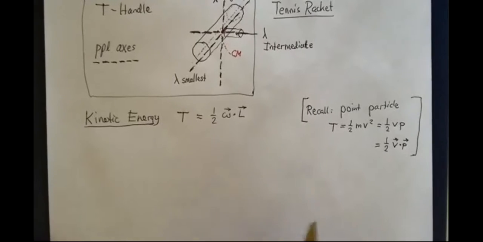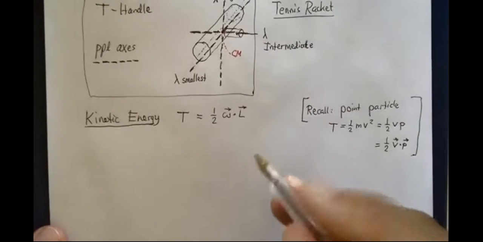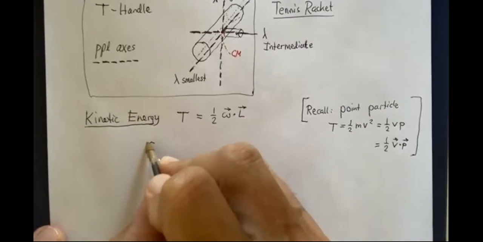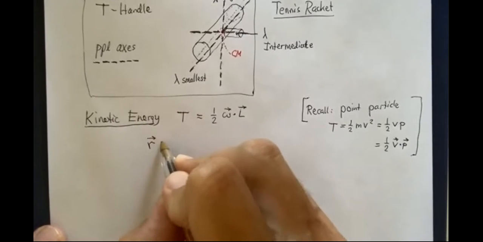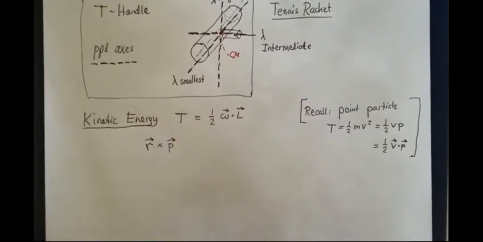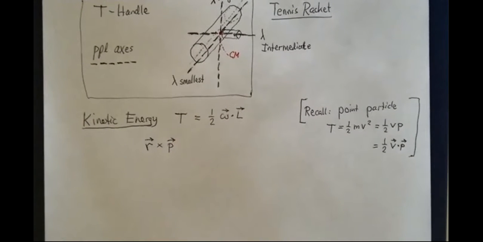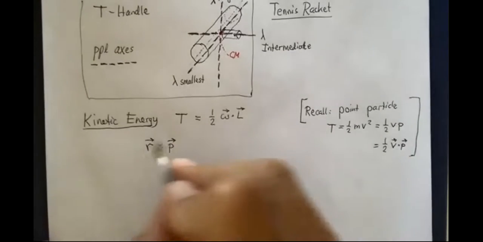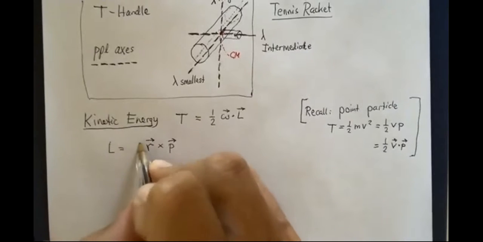What you do is you have a sum of contributions. Ultimately, at its very heart, for every particle, you have an r cross p. So the proper way to say this is we're going to think of a rigid object, with this r cross p for the angular momentum. So L is a sum.